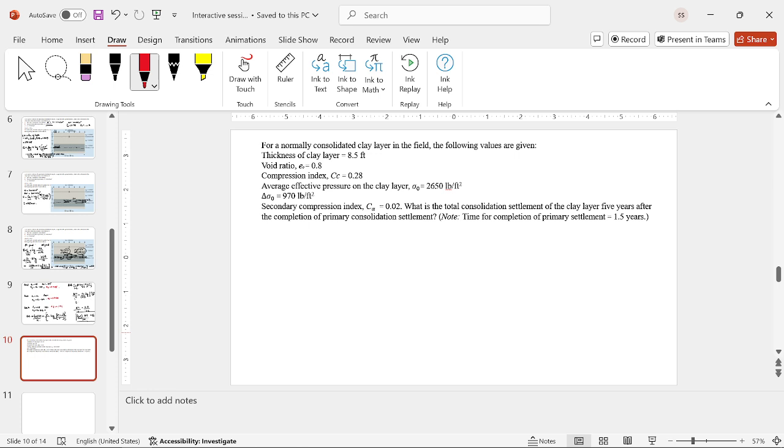Okay. So what we will do quickly is we will calculate the primary as well as the secondary consolidation of this.